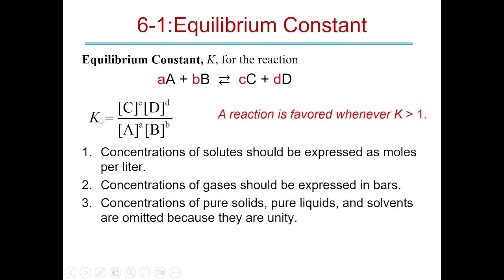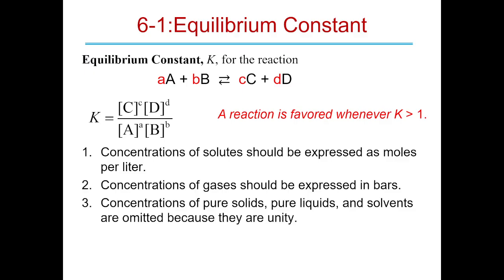So again, equilibrium constants are going to be the concentration of your products to the power of their coefficients, divided by the concentrations of your reactants to the power of their coefficients. These are typically done in moles per liter.